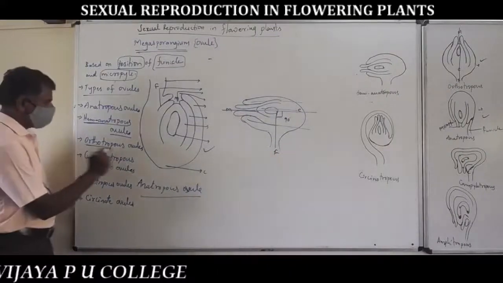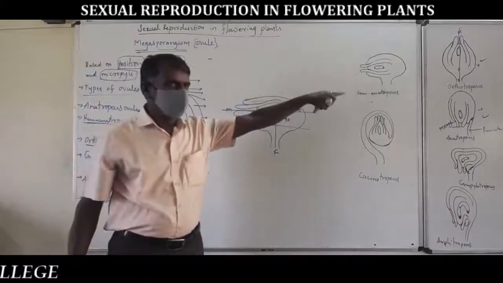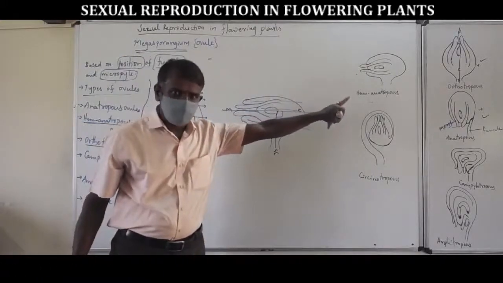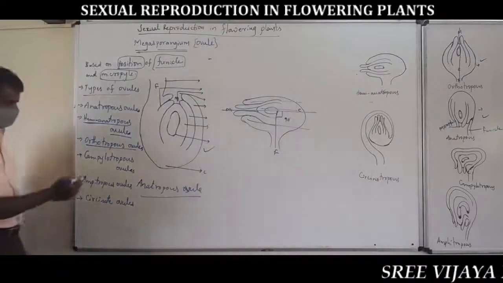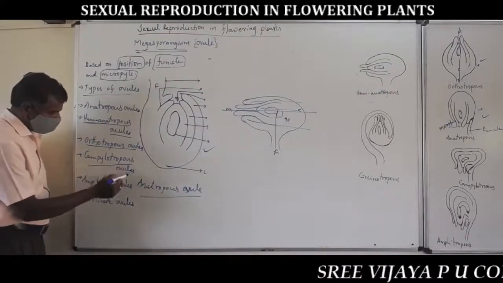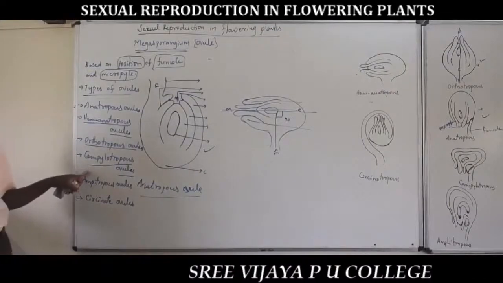Third one, the orthotropous ovule. Already we discussed that the chalaza, micropyle and funicle lie in a straight line. The next one is the campylotropous ovule.